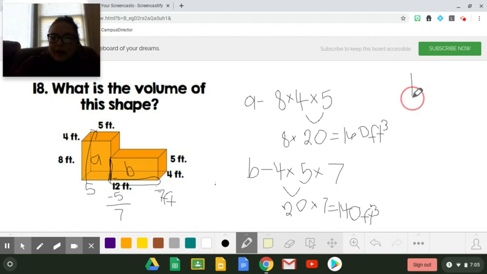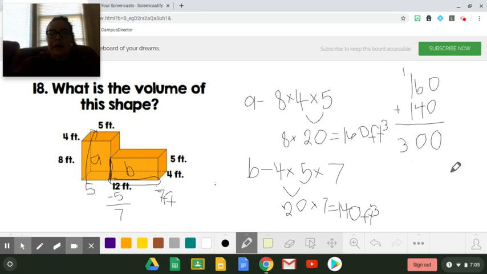So if I'm adding 160 plus 140, 0 plus 0 is 0. 6 plus 4 is 10. We got to regroup that 1. And then 3 ones equals 3. And so it looks like the volume of the whole thing all together is 300 feet cubed.